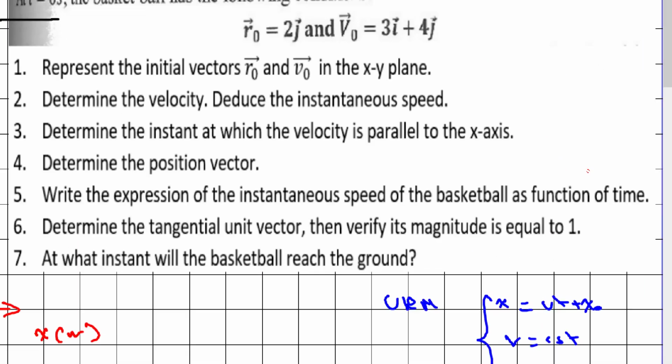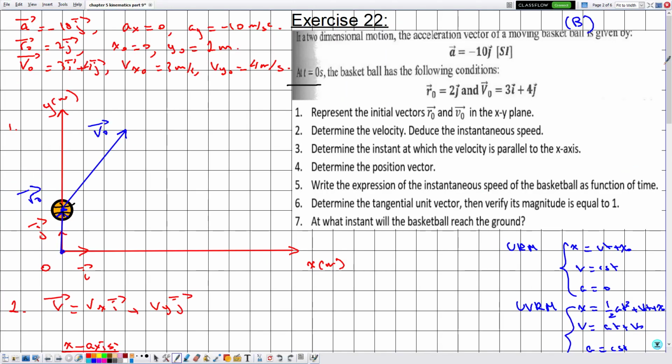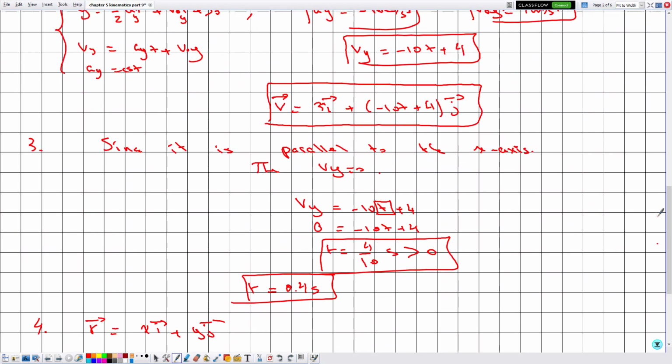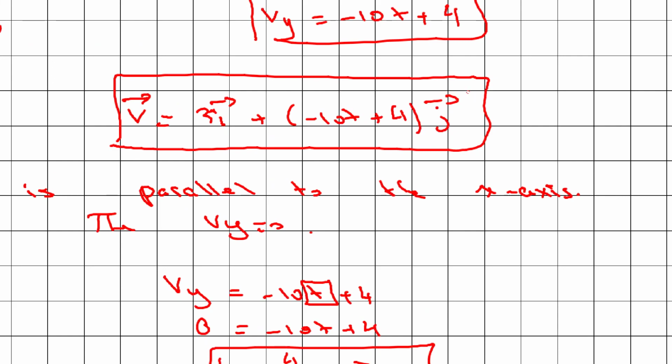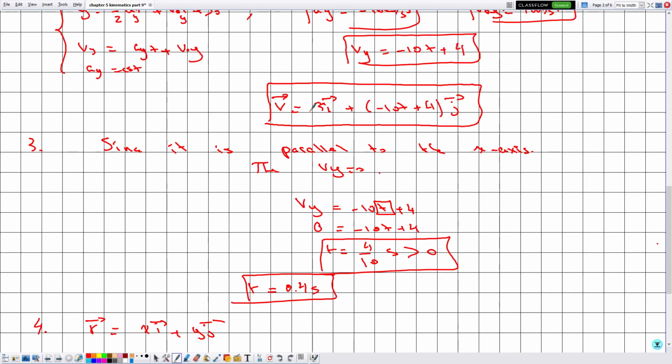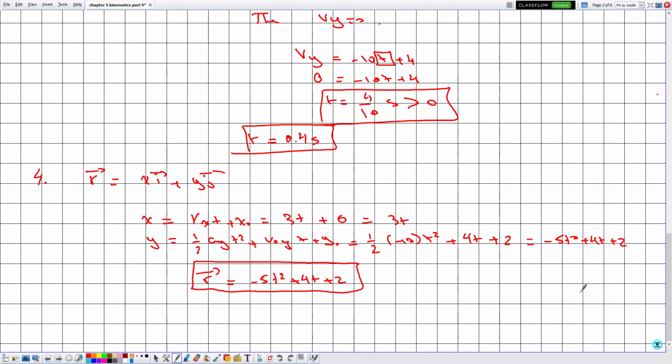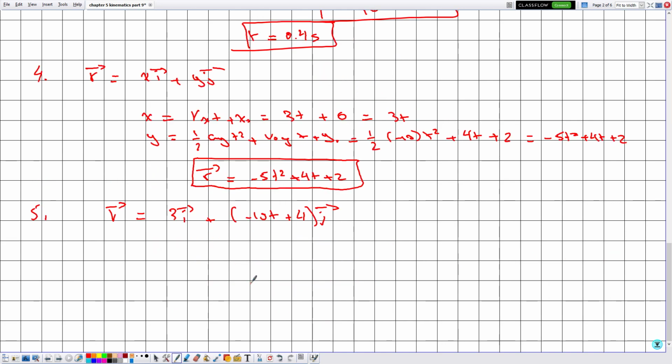Okay. Now in part 5 they are telling me to write the expression of the instantaneous speed of the basketball as a function of time. The instantaneous speed means that we need to refer to the instantaneous velocity. This is the instantaneous velocity because it explicitly depends on time.